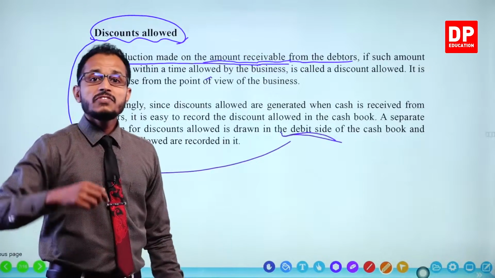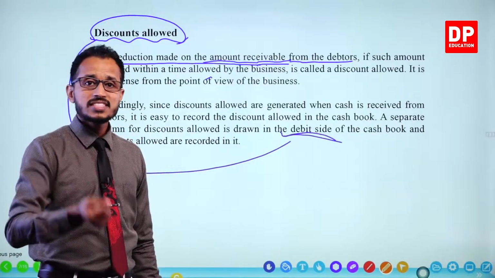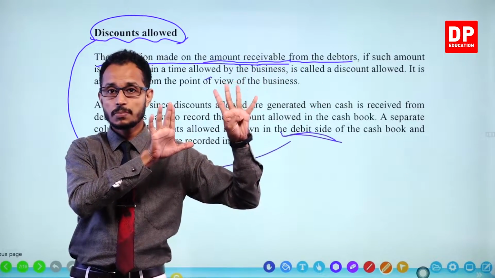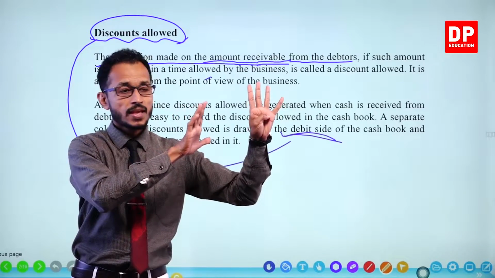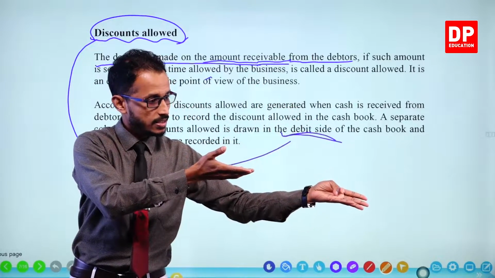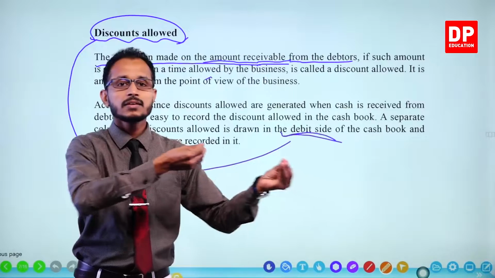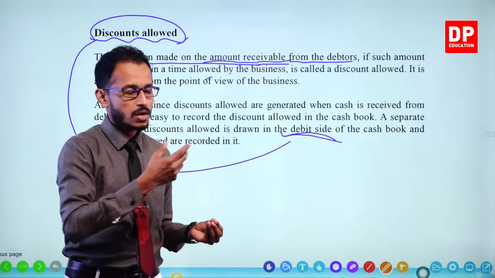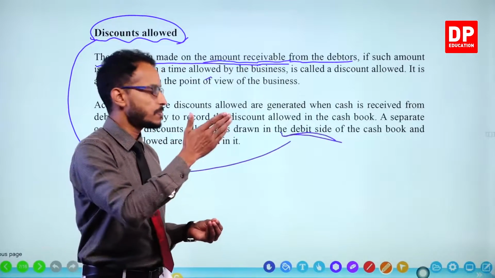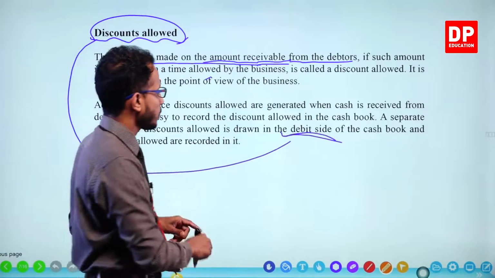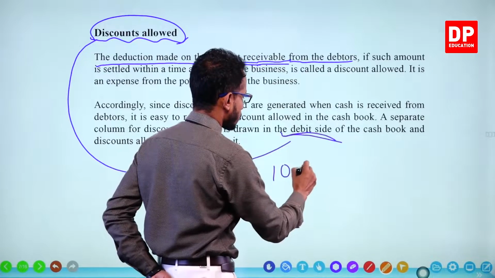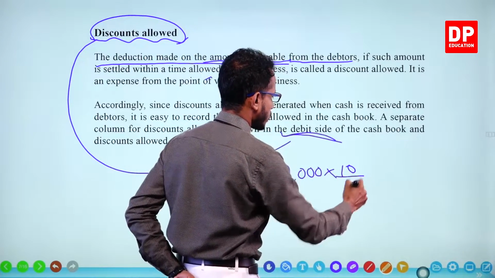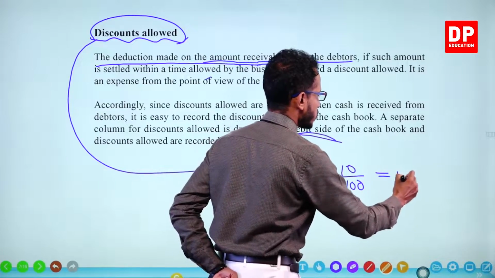And children, when we receive money, let's say, 9,000 from Siripala, the debtor, and we gladly, thankfully accept the money. After the discount is deducted, he will pay us, do the math, 10,000 into 10%, and the answer is 1,000.